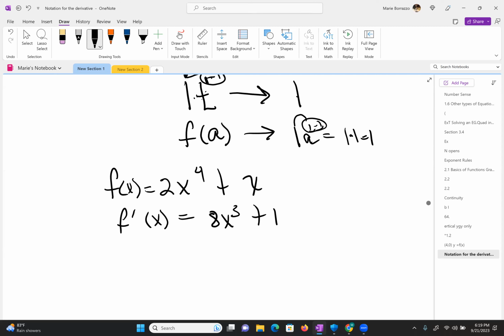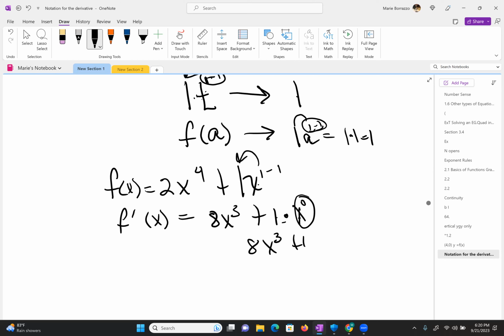So you're still dealing with this as being 1 x to the 1. Again, the idea is 1 times 1 is 1, times minus 1, this becomes x to the 0. We know x to the 0 as the value is 1, so hence 8x cubed plus 1.